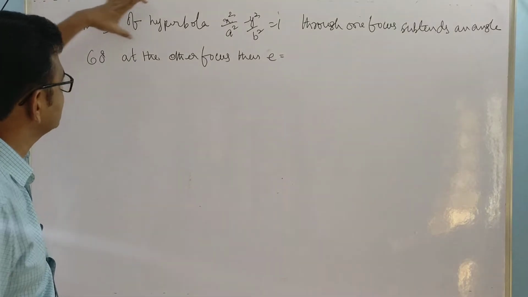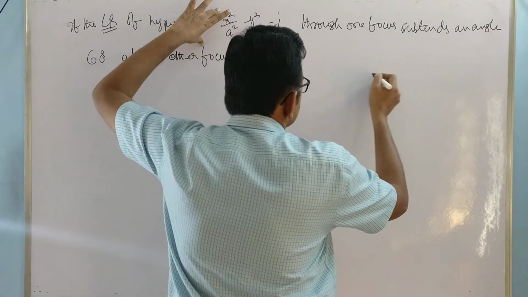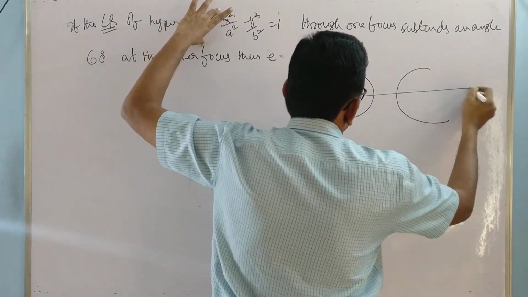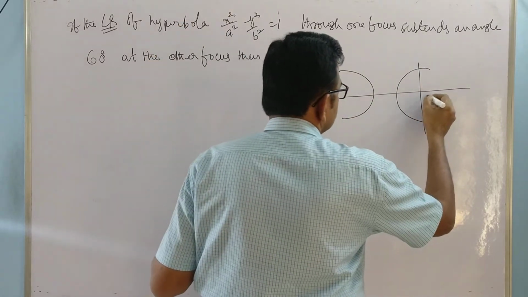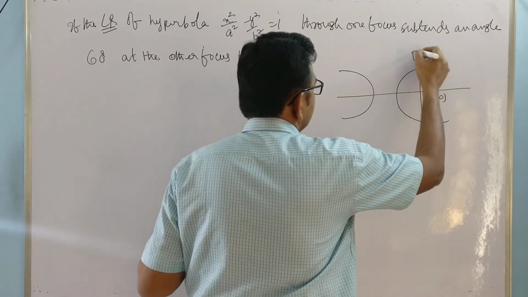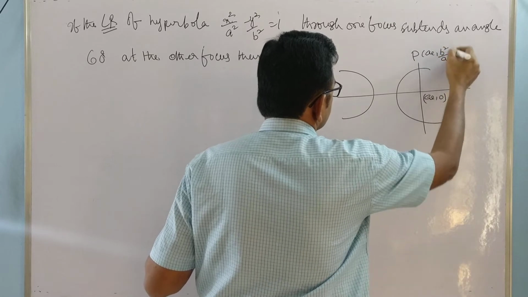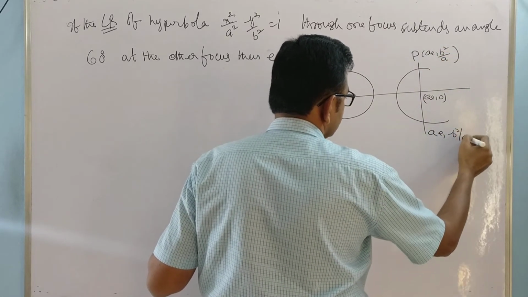The latus rectum of the hyperbola passes through one focus. So this is the latus rectum. This is ae comma b square by a, and this is ae comma minus b square by a.